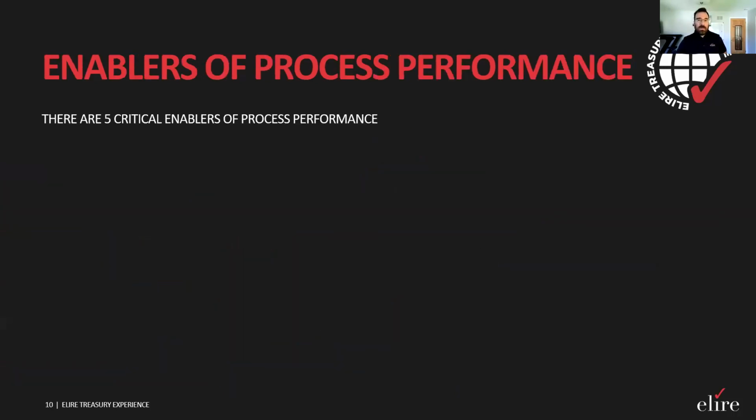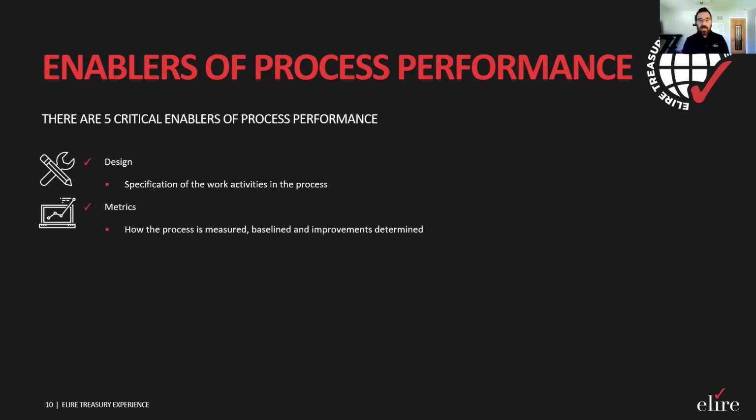And so let's pull this back to the Treasury process maturity. So there are 5 critical enablers of process performance. We need to look at design, specifications of the work activities in the process, metrics, how the process is measured, baselined, and how improvements are determined.